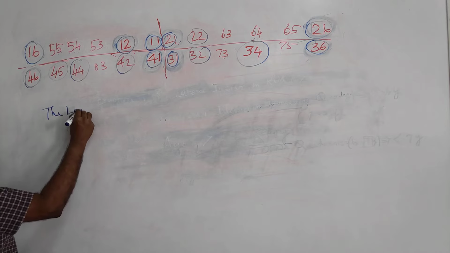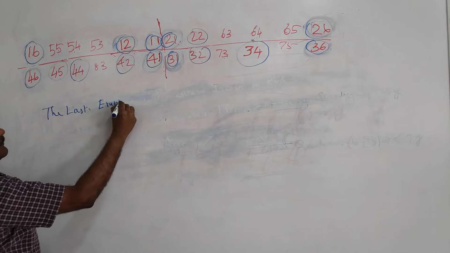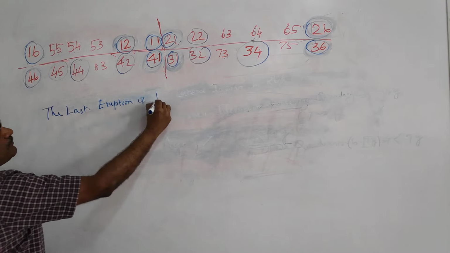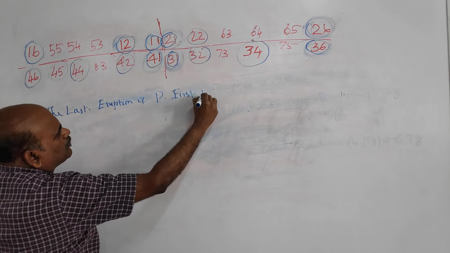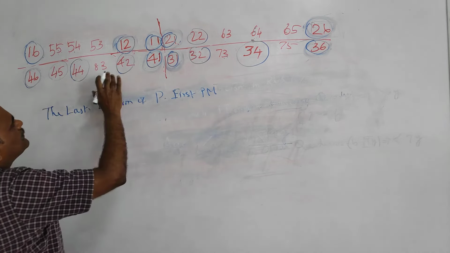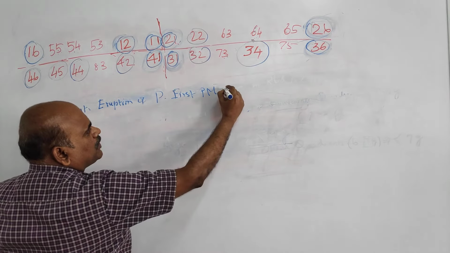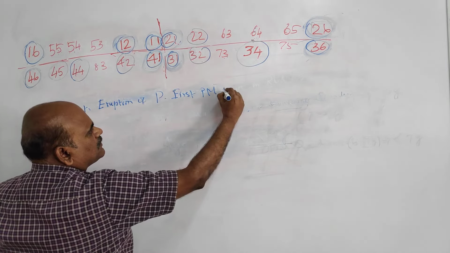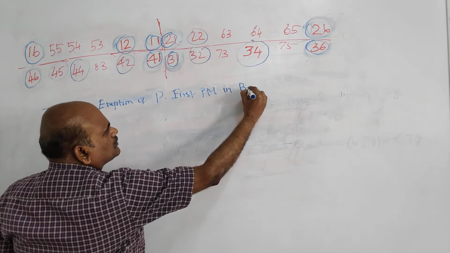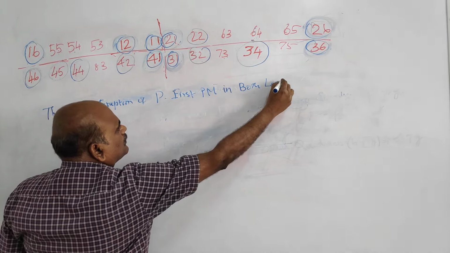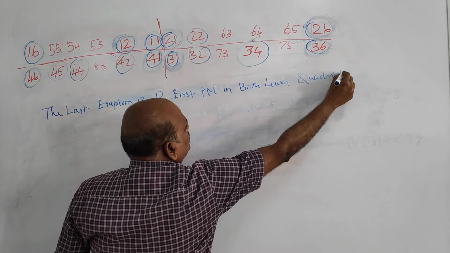The last dental event is the eruption of permanent first premolar, okay, first premolar in both lower quadrants, or in lower jaw you can write in both lower quadrants, or simply you can write in lower jaw.